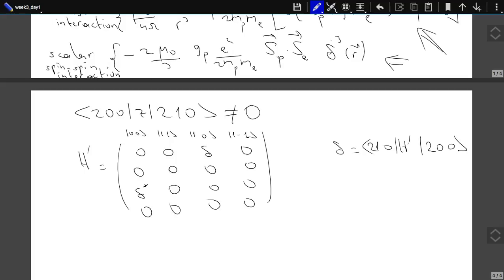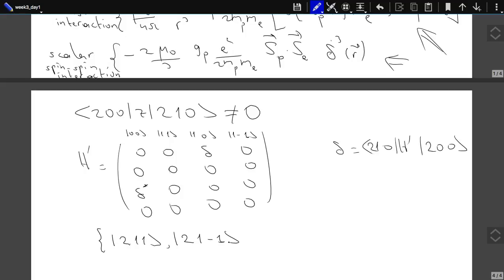What are the corresponding eigenvalues? Well, let's see. |2,1,1> is already an eigenvector, and |2,1,-1> is an eigenvector.